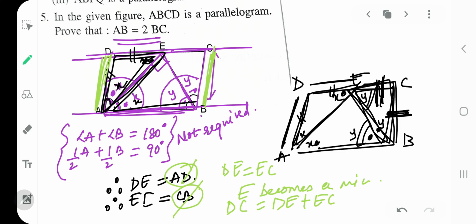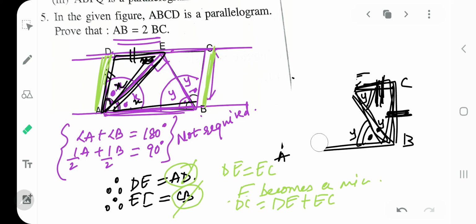So for that we can also write, instead of DC, can I write AB because DC is equal to AB? I'll write it somewhere here. I'll erase this part rather.